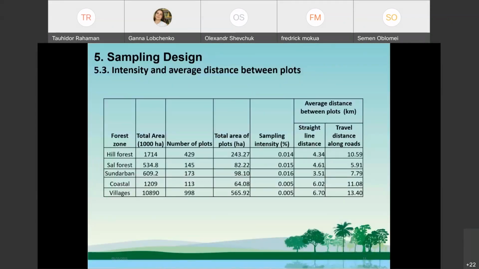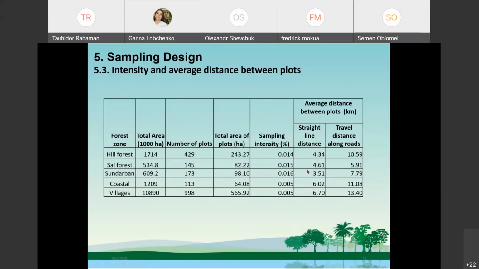Sampling design, intensity, and the average distance between plots were determined according to the ecological zone. For example, the hill forest total area was 1714 thousand hectares, the number of plots was 429, and the sampling intensity was 0.014. We measured the distance in a straight line and also the traveling distance.